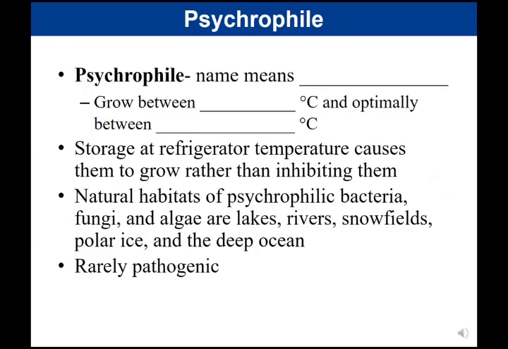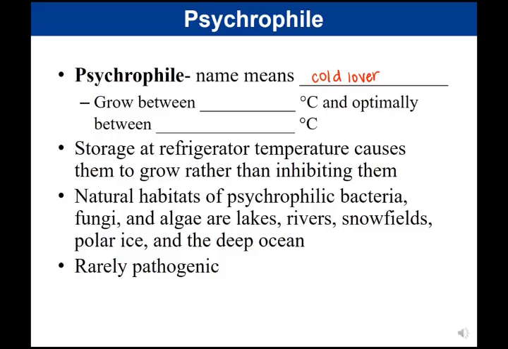So we're going to go through for each one, and we're going to talk about where these organisms will be found. So a psychrophile, again, the name means cold lover.